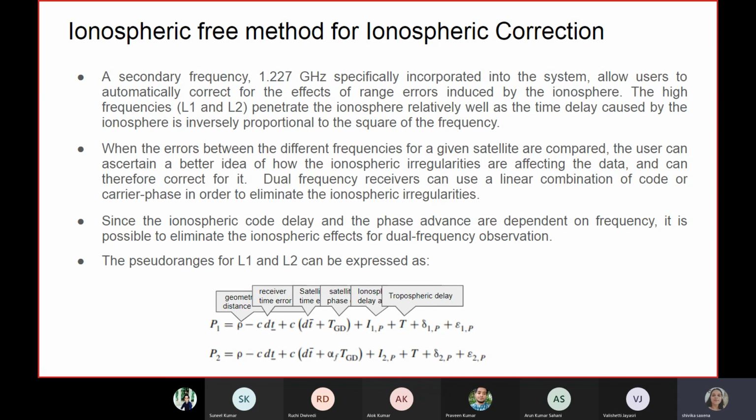Then tropospheric delay, this is not dependent on frequency, hence there is no subscript of 1 or 2 here. Hardware delays and multipath effects are dependent on frequency, so we have 1 written there. Range measurement noise is also dependent on frequency. These are the different error components contained apart from the geometric distance in the pseudo range for L1 and L2. For the L2 frequency, wherever the 1 subscript was written, it will be converted to 2.